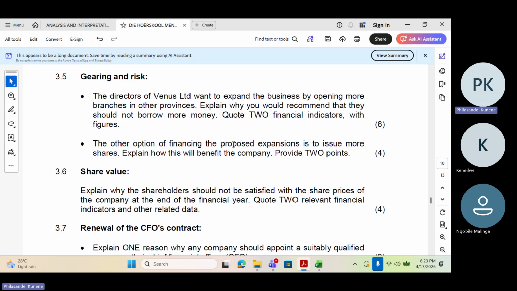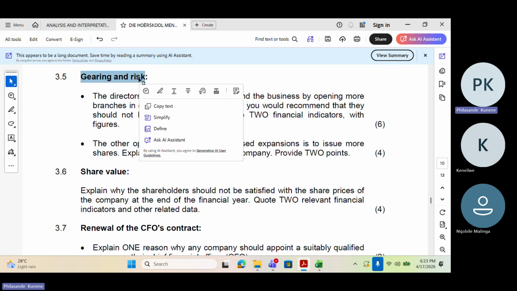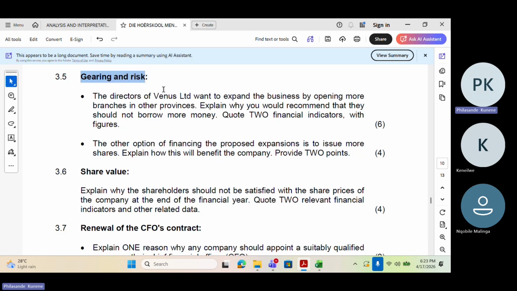Instead, we just have money that comes from our shareholders. Then we have less risk on the loans that we borrow. So let's see what the questions are here. You see, guys, the things that I'm talking about here, these are the things you need to think about while you're going through your required. Think about all these things so that it's easy for you to answer the questions because you're thinking about important information.